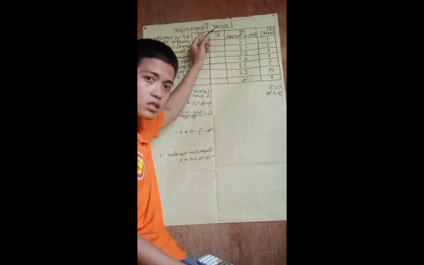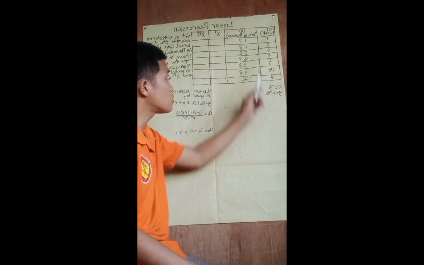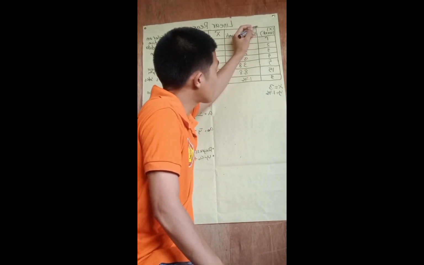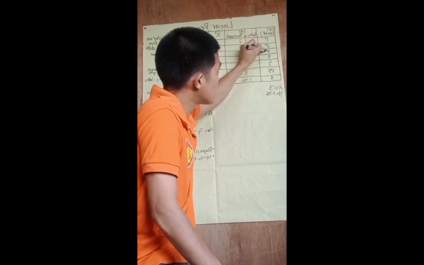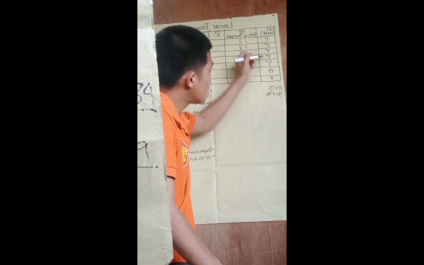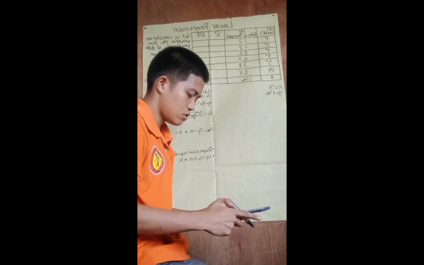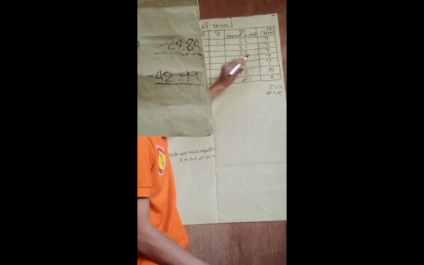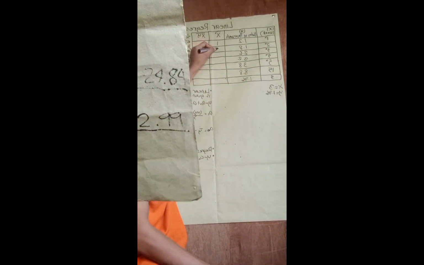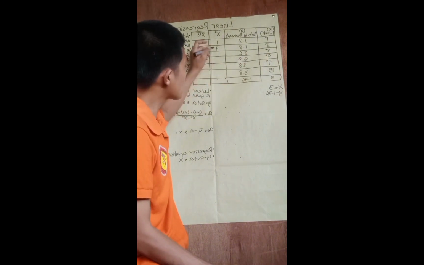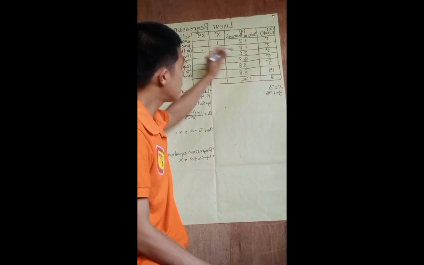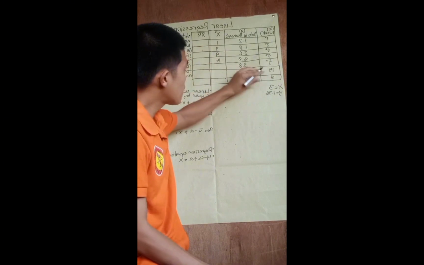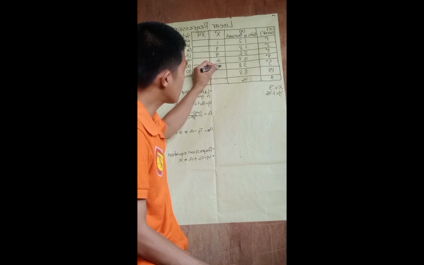And to get the x squared, we put the square on the number of weeks. So 1 squared is equal to 1, 2 squared is equal to 4, 3 squared is equal to 9, 4 squared is equal to 16, 5 squared is equal to 25.